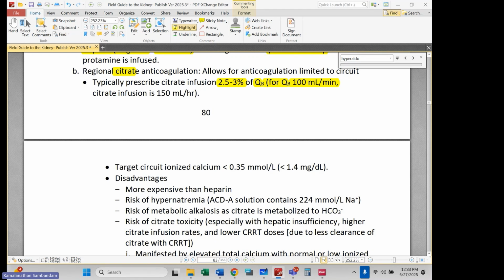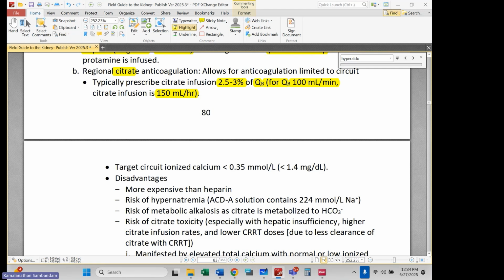Remember, calcium is a cofactor for clotting. Okay, so if you're using, as a rule of thumb, QB of 100 mils per minute, if you do the math, 2.5% of 100 mils per minute expressed as mils per hour is a citrate infusion rate of 150. 3% of that is 180.